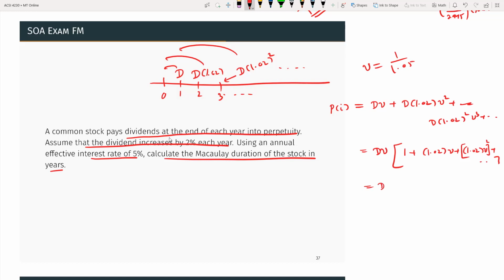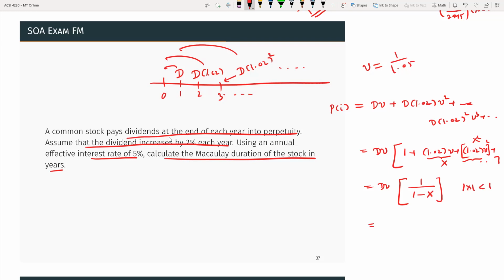This would be dV. Remember the geometric series, this looks like X, this looks like X squared. This goes to infinity, so then the sum is going to be 1 over 1 minus X, given that the absolute value of X is less than 1.